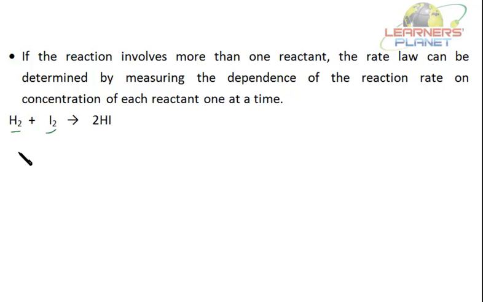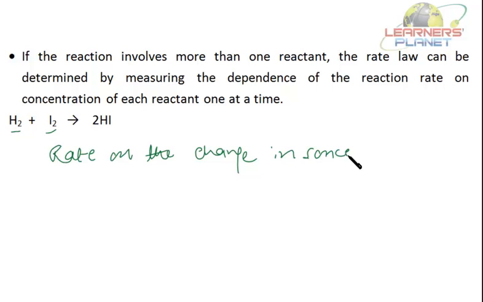So if I am starting with hydrogen, to see the dependence of rate on the change in concentration of hydrogen, what can be done here is that iodine can be taken in large excess, so that the change in its concentration does not affect the rate.